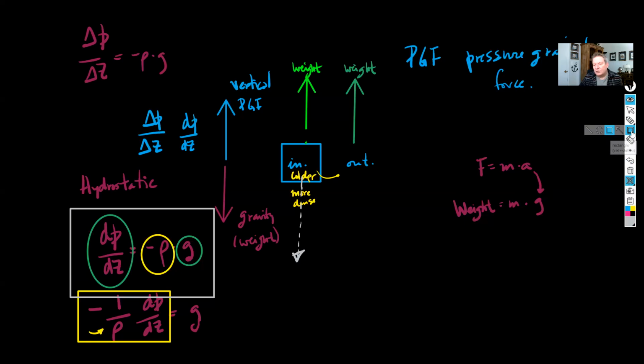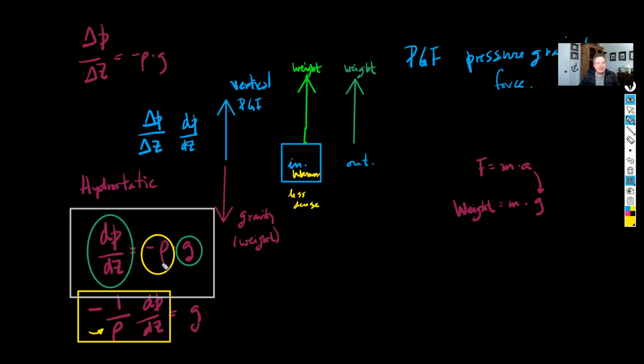Okay, now let's go back for a second and see what happens if it's warmer. I'm going to see if I can draw this arrow back. Now instead of being more dense and colder, let me get rid of this. I'm going to make it warmer in the box and less dense.